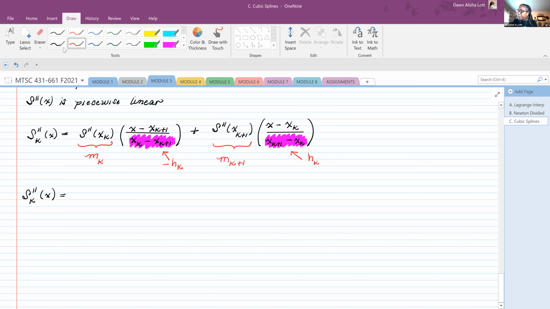Okay, now it looks better. So now I'm going to get M_k divided by h_k times (x_{k+1} minus x), and then I'm going to add to it M_{k+1} over h_k times (x minus x_k). Okay, so now that I know that my second derivative is piecewise linear, that's what I get.